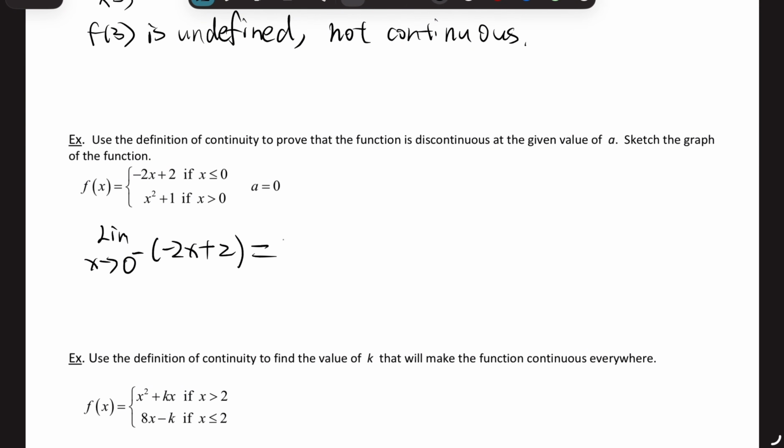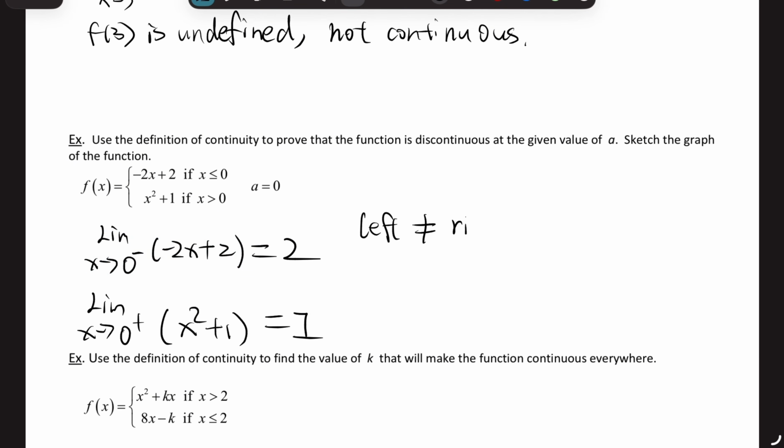This will give us a value of 2. And the right limit, x approaches 0 plus, x squared plus 1. This will give us a value of 1. Since the left limit doesn't equal the right limit, so it is not continuous.